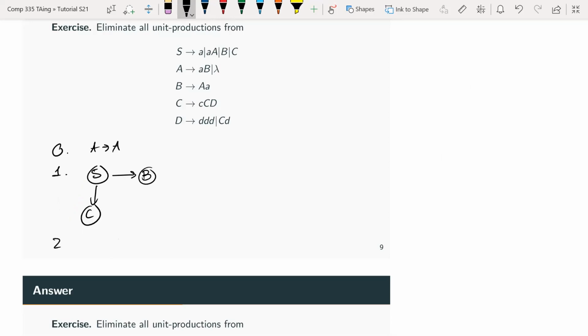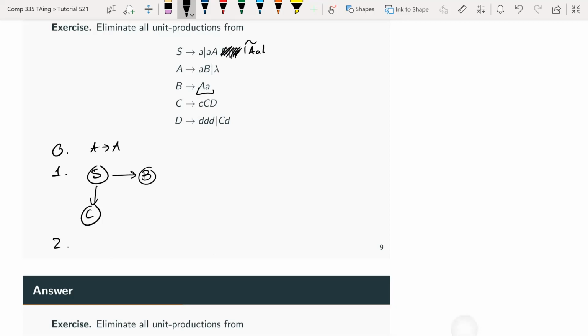So the second step is to copy all of the non-unit productions. I'm just going to do it on the example itself. Here, I'm going to have all of the non-unit productions in the new grammar G prime. Then I'm going to copy all of the non-unit productions from B and C. So from B, I have AA, so B gives me AA, so I'm going to copy that one.